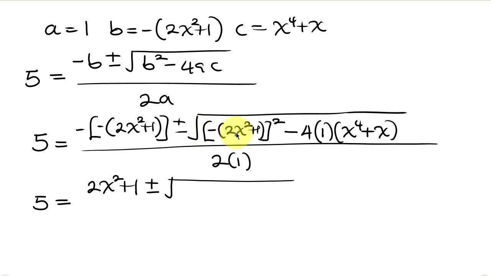Now, let's work this out. 2x squared all raised to the power of 2 gives 4x to the fourth. Then 2 times 2x squared times 1, this will give 4x squared. Very good. And then plus 1 squared is 1. Very good. So we've been able to expand this. Minus.